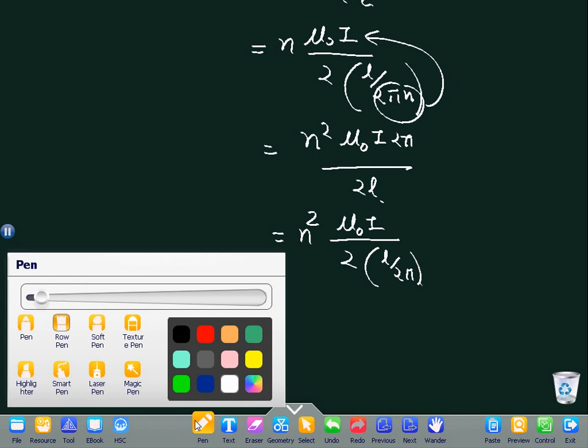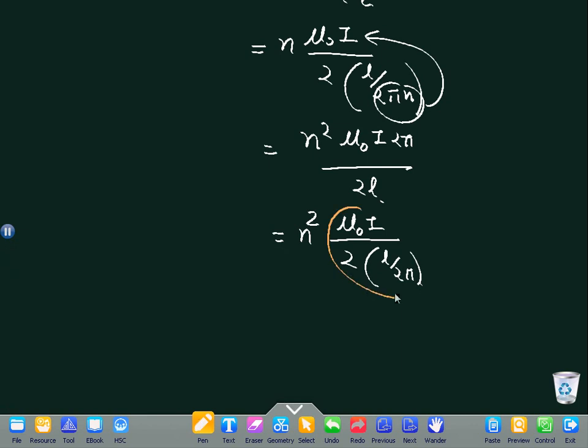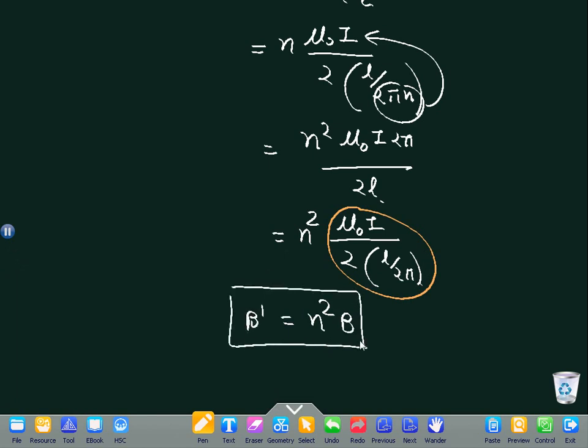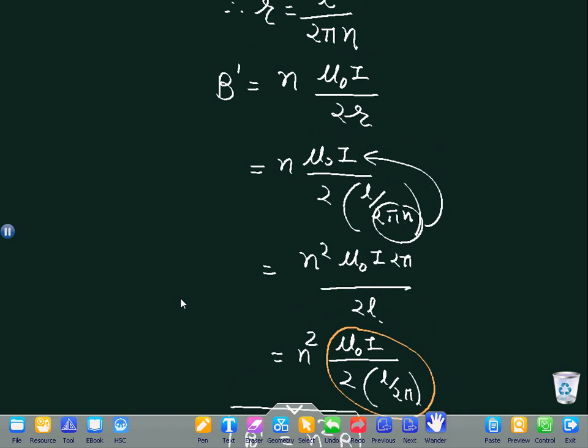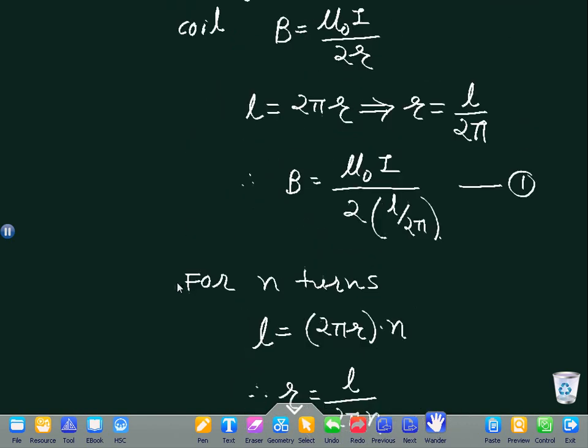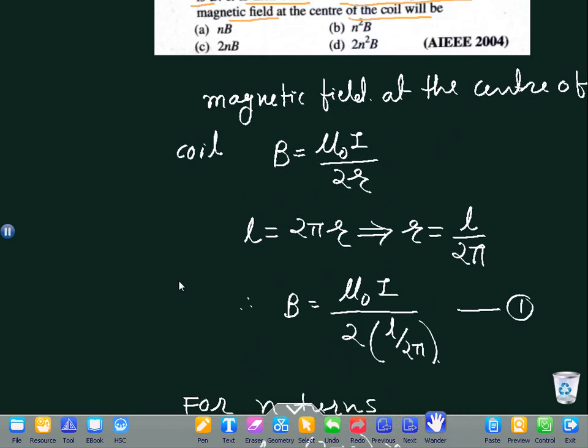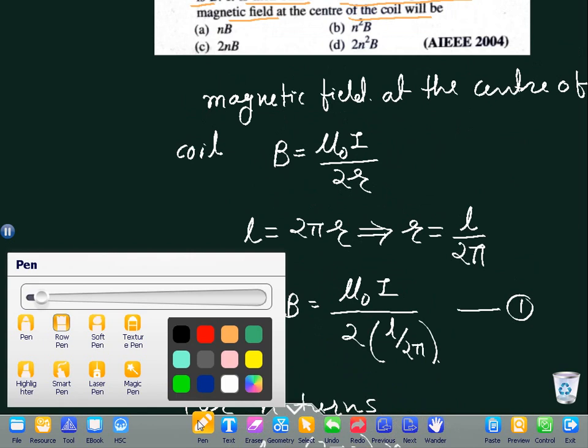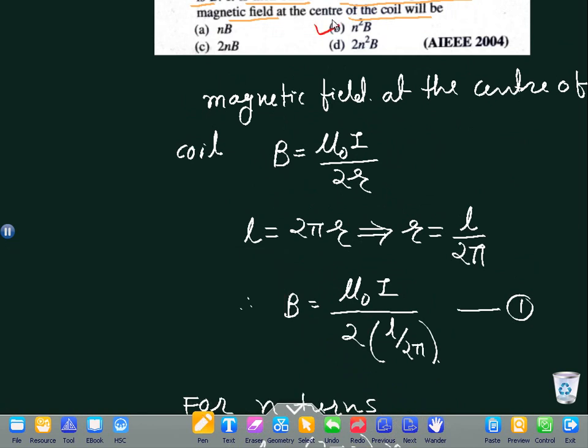Now we write this term as in equation number 1, it is equal to B. Therefore the magnetic field is n square times B. So in this way we solve this problem, and the answer is n square B. This example was asked in AIEEE 2004.